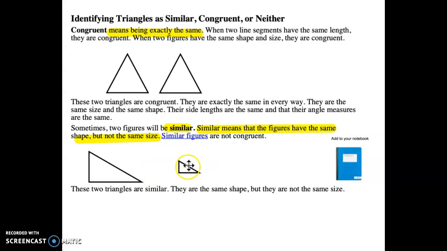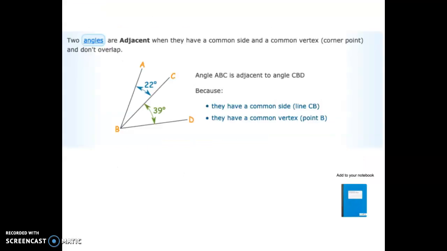But if I take and drag this guy over, there he comes, I can see that that angle is the same, and that angle is the same, and then down here in the corner, that angle is the same. So they're similar, and these similar figures have the same shape but not the same size. So make sure you write both of those definitions, congruent and similar, into your notebook, and then let's keep rolling.